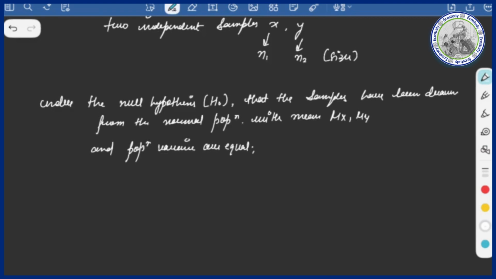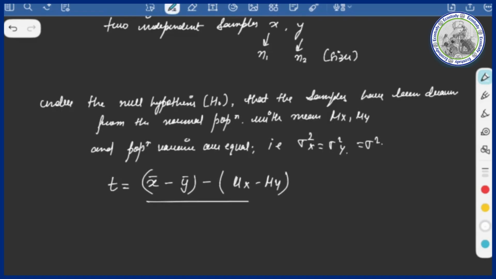These are the assumptions, that is sigma square x is equal to sigma square y, equal to sigma square.